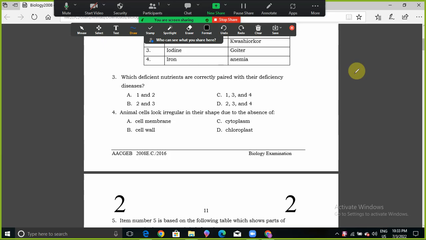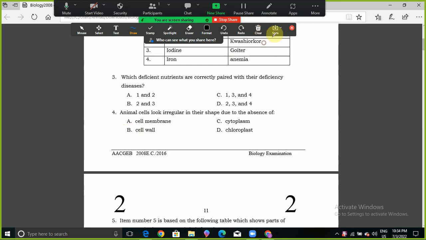Why? Because it's a rigid and external cover of cells which is made up of cellulose, and you will find it in plant cells. So the correct answer for question number 4 is B.